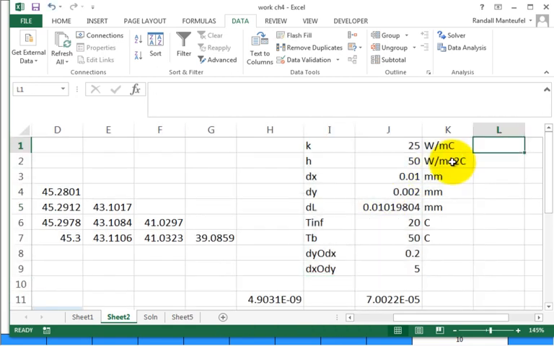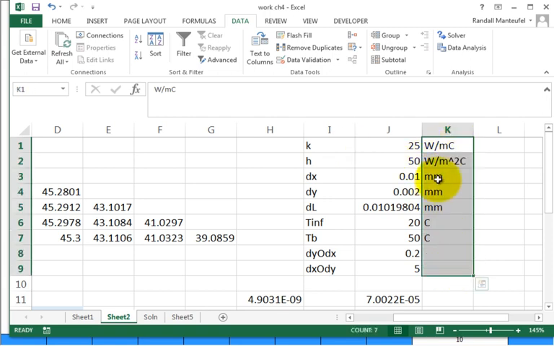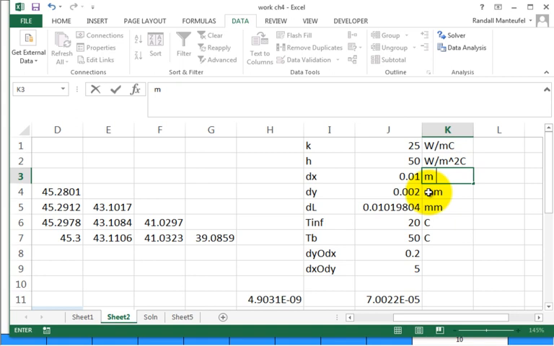So this is the K, the thermal conductivity, with units. These are just helpful reminders, right? And these aren't dx. Is that millimeter anymore? No, that's now meter, isn't it? It's not. I changed it. That's meter. And this is now meter, right? Okay. dx, dy, dl, T infinity, blah, blah, blah.